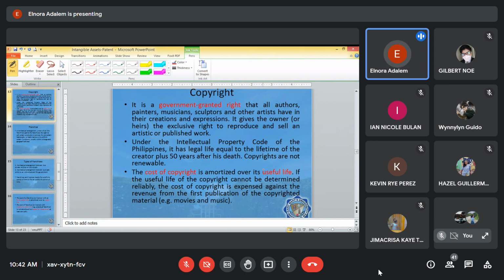Therefore, we amortize it over its useful life, or it may be the output of the artist or the author. Now, the cost of copyright is amortized over its useful life. If the useful life of the copyright cannot be determined reliably, the cost of copyright is expensed against the revenue.